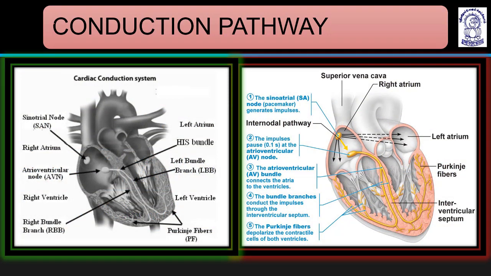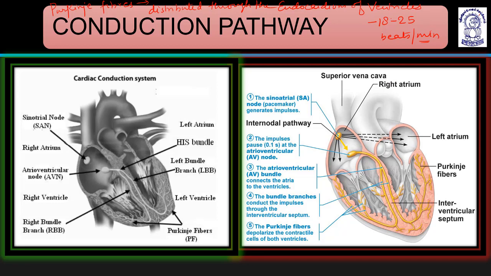One thing I should tell you, the Purkinje fibers are distributed through the endocardium of the ventricles and propagate the impulse in the entire ventricular musculature, at 18 to 25 beats per minute. Purkinje fibers. Okay.